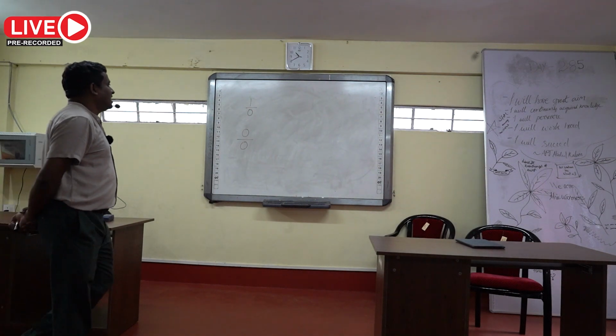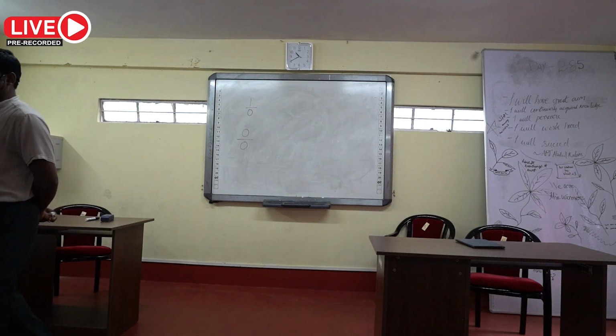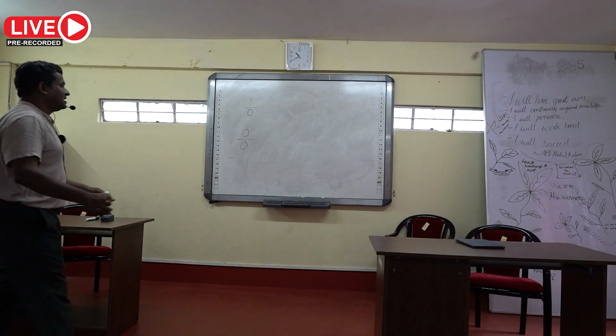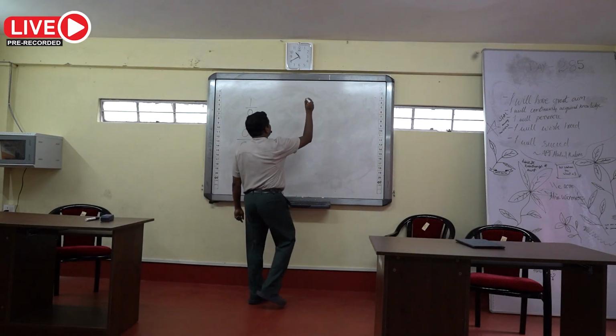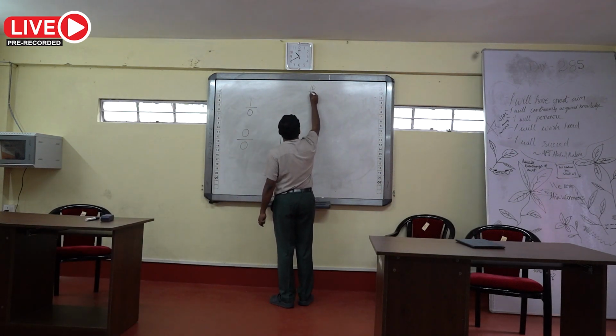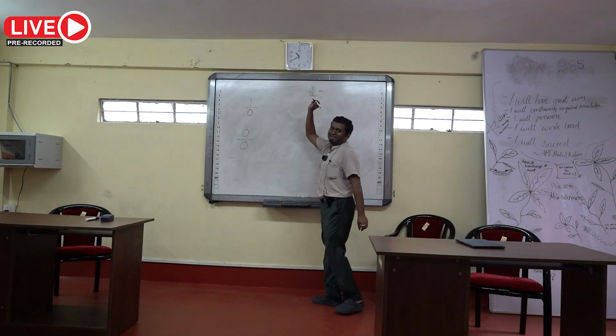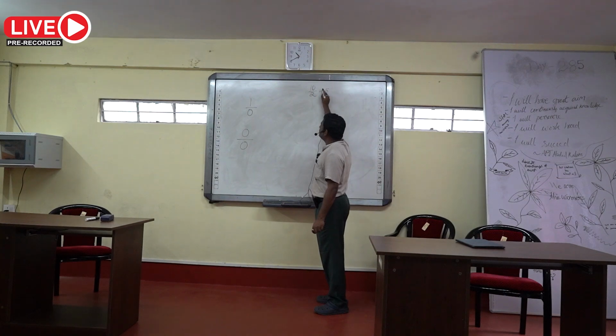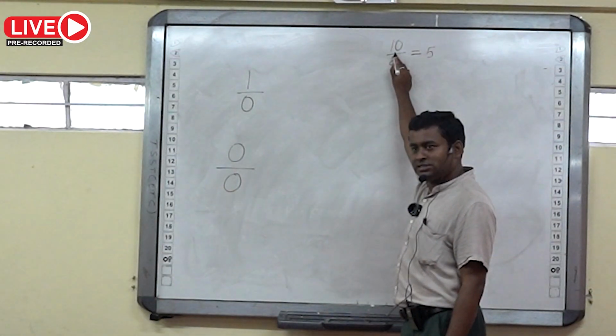Are they undefined in a similar manner? Quite dissimilar. Suppose I have 10 by 2. Now you can tell me the proper answer. 5. Means 2 into 5 will give you 10.